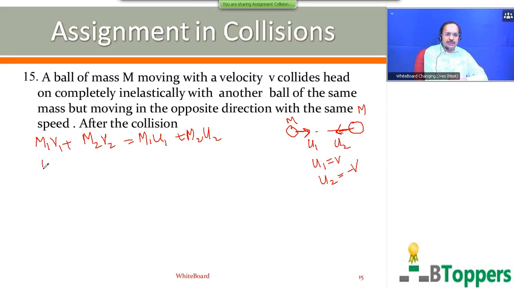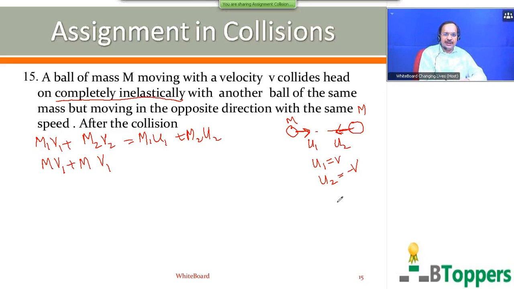After the collision, both will have a common velocity. Therefore, you can write v2 equal to v1, because it is given that the two balls collide head-on completely inelastically. The collision is said to be completely inelastic when the two bodies move together with a common velocity after collision.